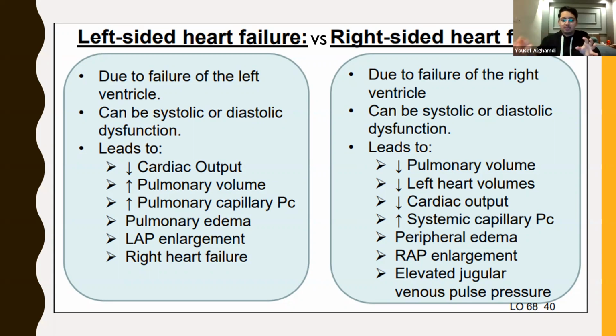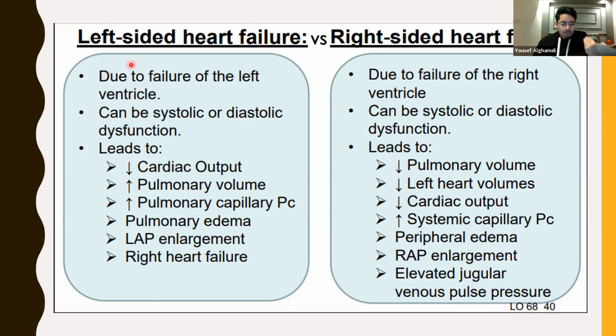So if there's a lot of blood there, it will be difficult for the blood from the right side of the heart to go to the lung, because like we said before, it's from an area of higher pressure to lower pressure, right? But if there's a lot of pressure in your lung, your right side will have difficulty in pushing blood to the lung, right? So left-sided heart failure, which will cause pulmonary edema, can cause right heart failure.